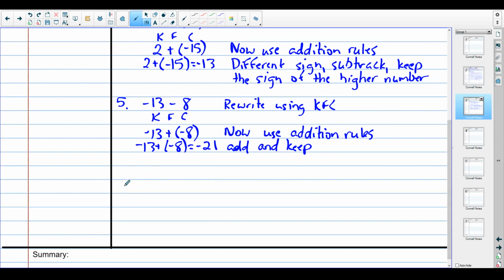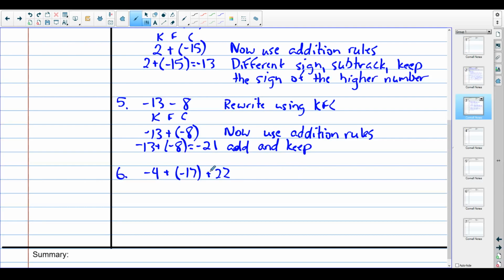Oh, I guess I lied. I didn't read this very closely. So number 6, we're actually going to do together. So what to do with more than two numbers? So let's say we have negative 4 plus negative 17 plus 22.